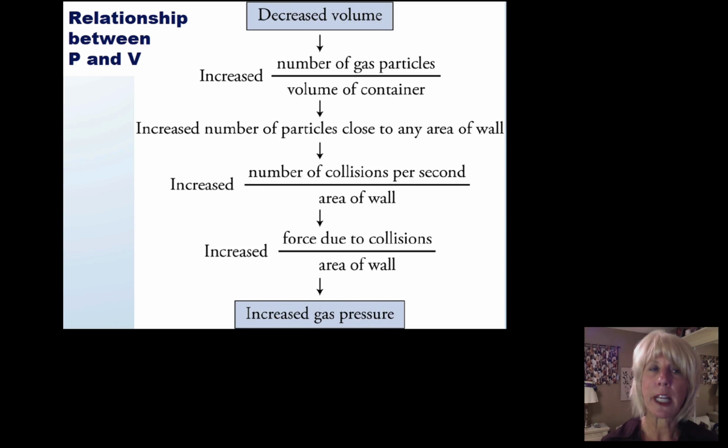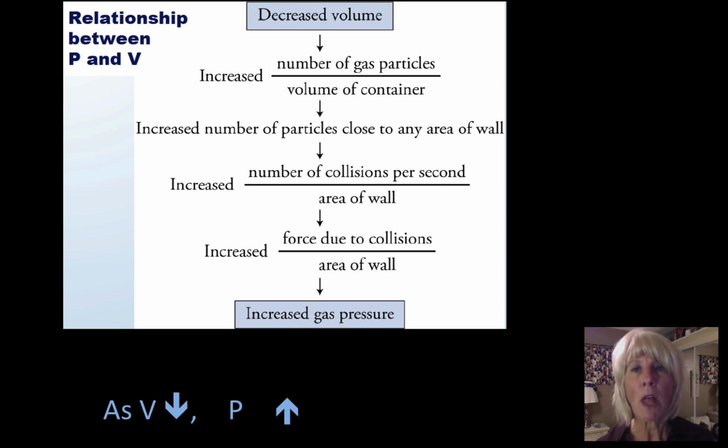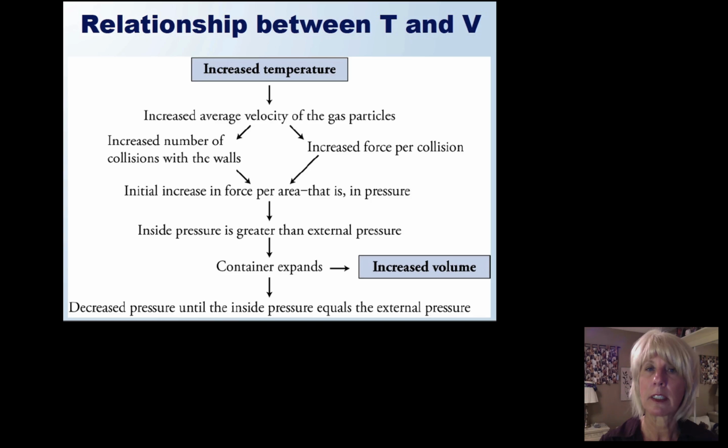In our next relationship, we're looking at volume and gas pressure. These two things are inversely related to one another. That means that if I decrease the volume, the pressure is going to increase, again assuming that temperature and number of moles are constant.